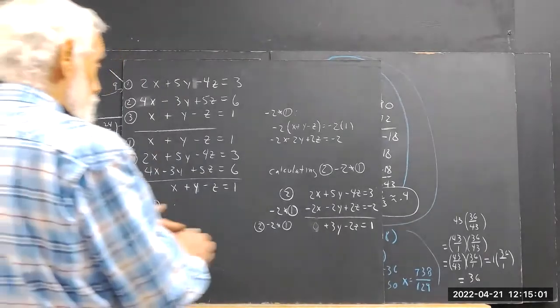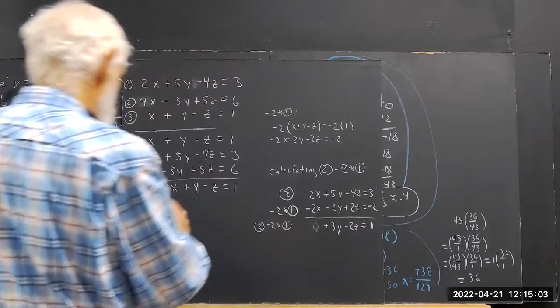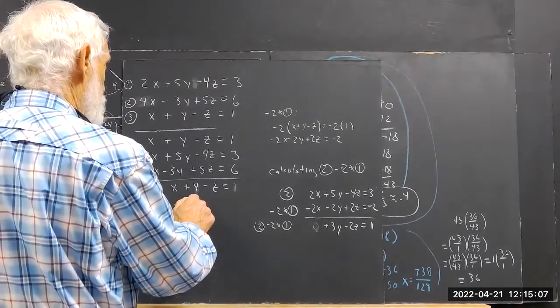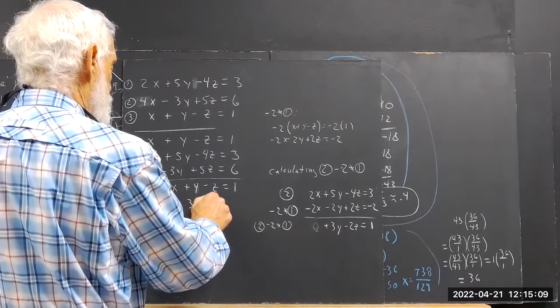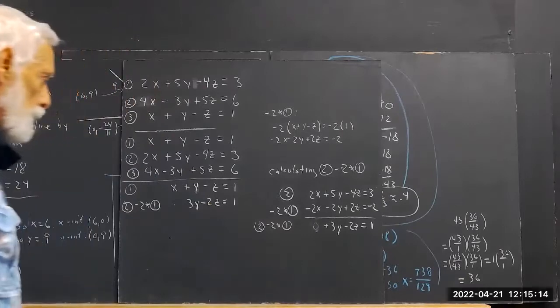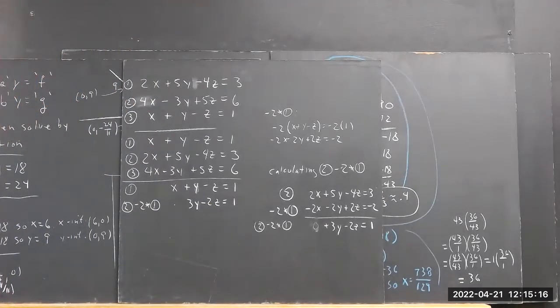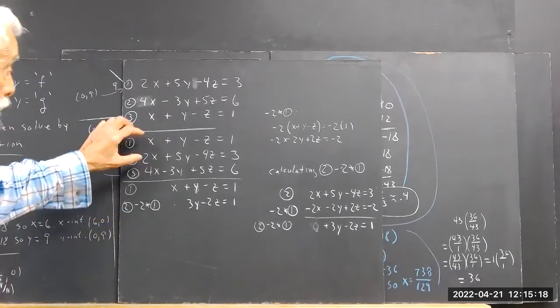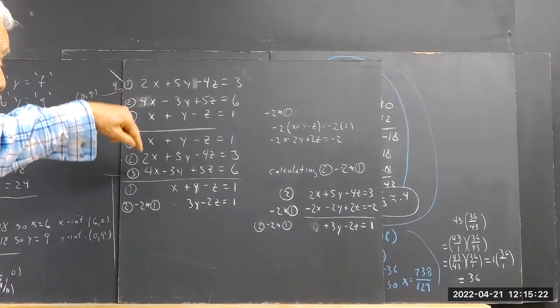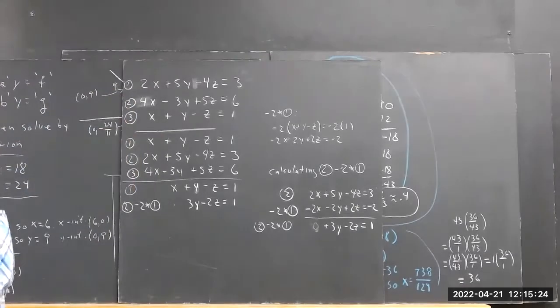And now we can write equation 2 minus 2 times equation 1 up here. That's going to be just 3y minus 2z equals 1. Okay. We've eliminated x by adding -2 times this to this.